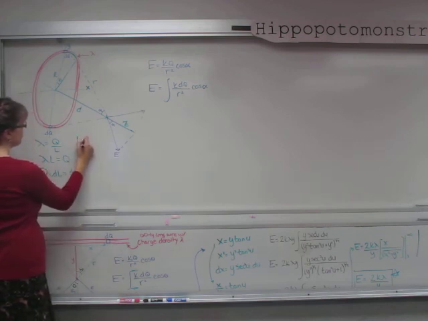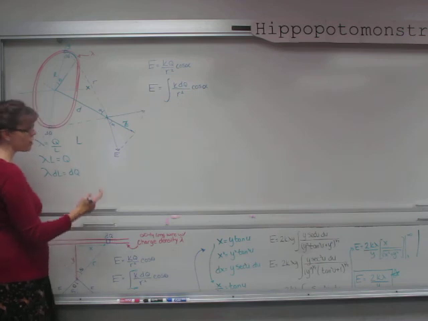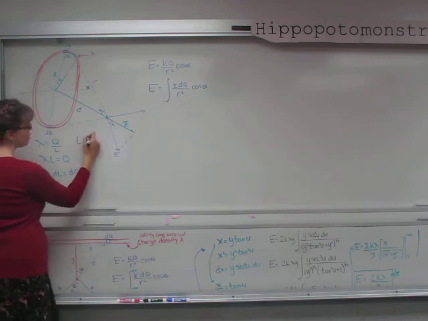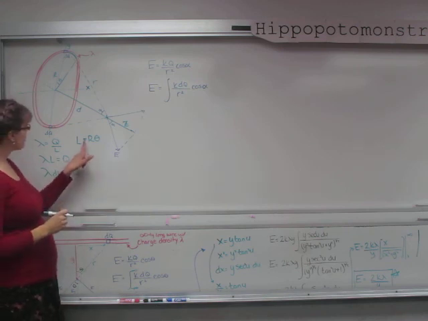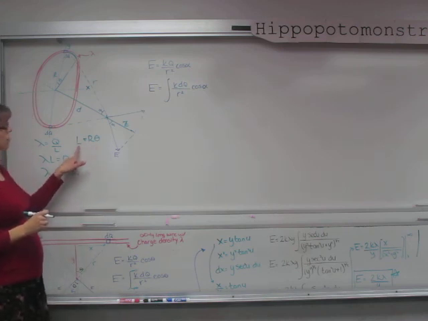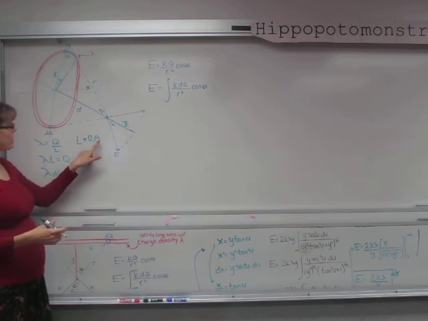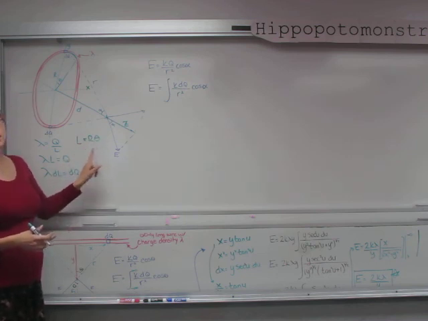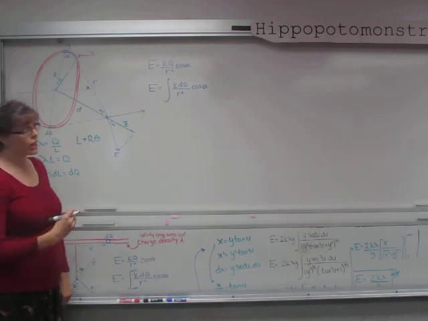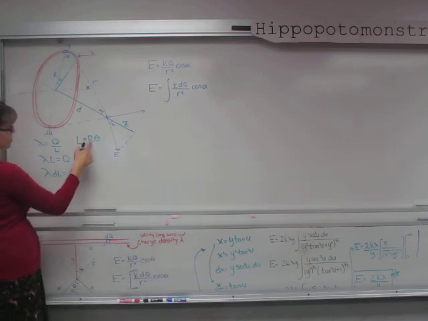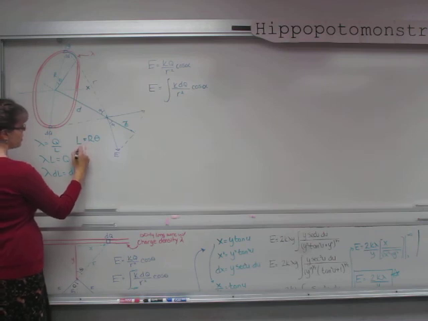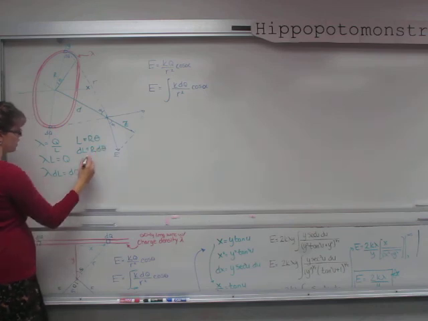So L, our arc length, is equal to r theta. So that's the relationship to go between arc length, radius, and angle. Theta, in this case, must be in radians. Okay, so dl is equal to r d theta.